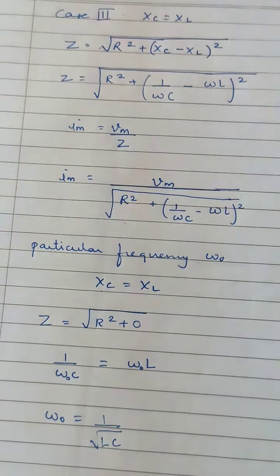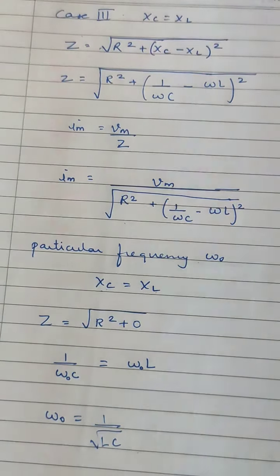Since XC is equal to XL, inductive reactance and capacitive reactance being equal, the voltage across the inductor and the voltage across the capacitor cancel each other out because they are out of phase.